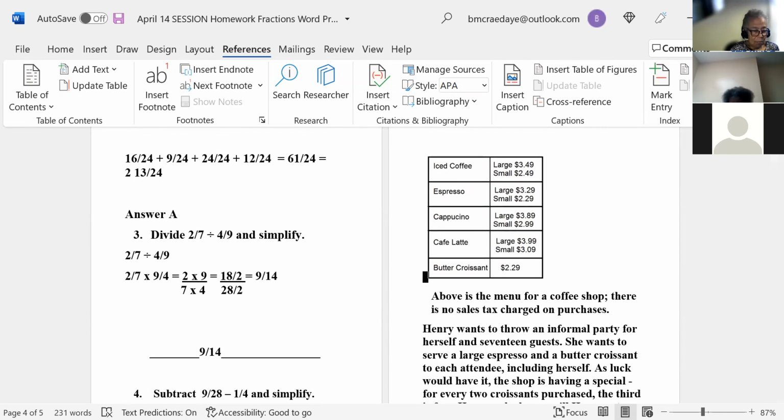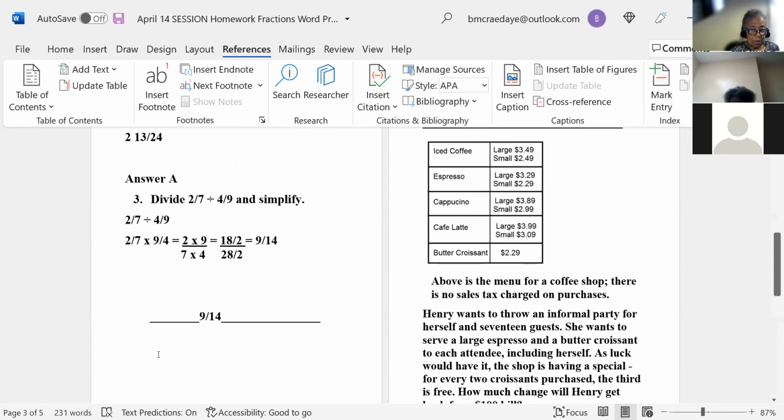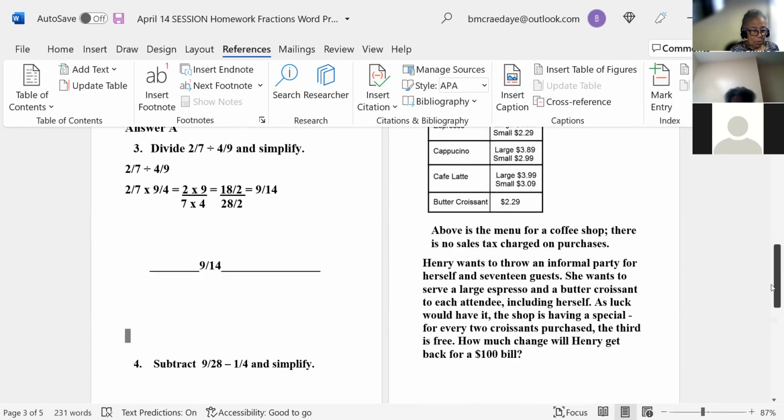Same rule we use for addition. Number 4. Let's go back up here. I think I put it all over here.